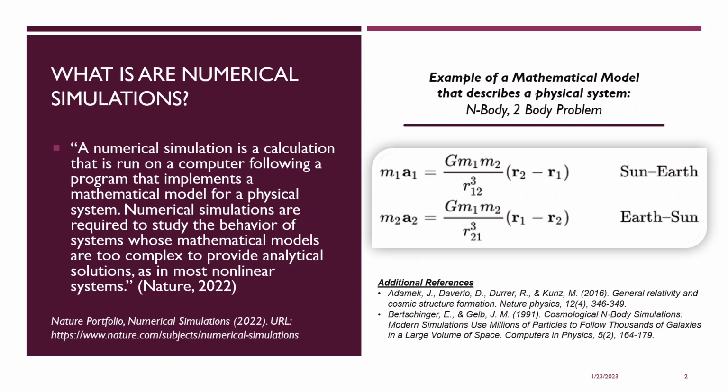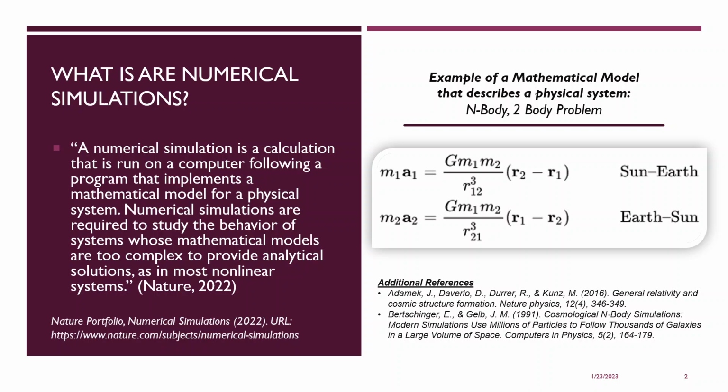But we will be exploring the core of numerical simulations, and at the middle of that are equations. In this case, it is an n-body equation, specifically a two-body problem, and it uses an equation to describe a physical system.